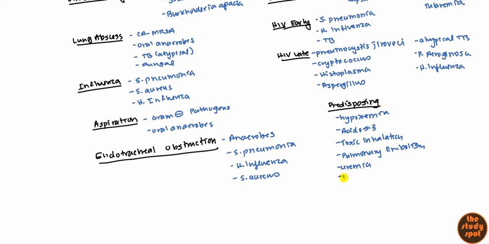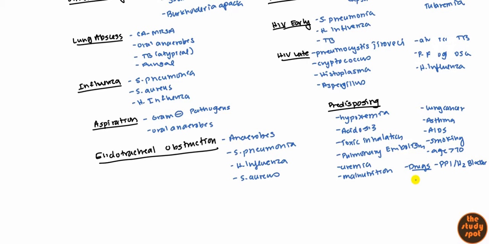These also can lead to increased susceptibility. Patients who have lung cancer, asthma patients, AIDS patients, and again, smoking is a huge risk factor. Elderly patients who are over 70, and drugs such as proton pump inhibitors and H2 blockers, not sure why, and even antipsychotics, again, not sure why that's the case.